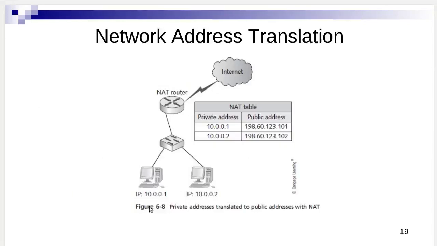So here's a good example. You have a small internal network with the 10 point something something something addresses for the internal networks. Remember, this is a Class A private IP address.